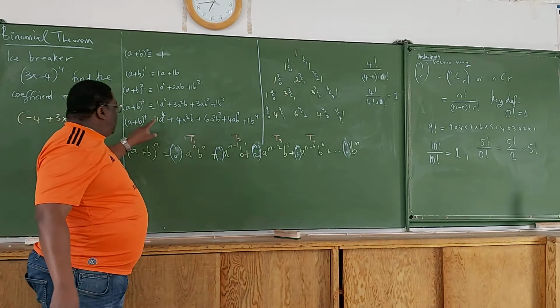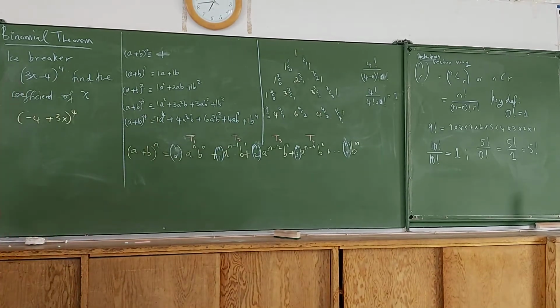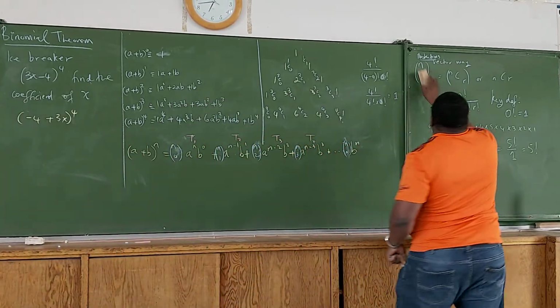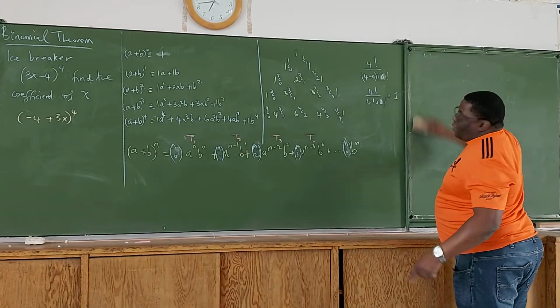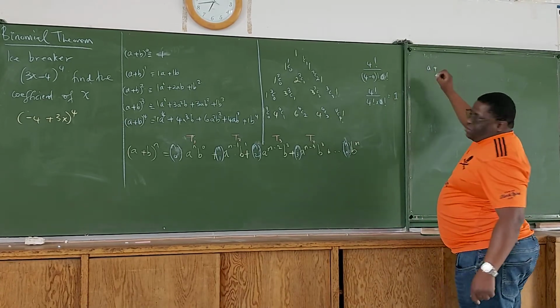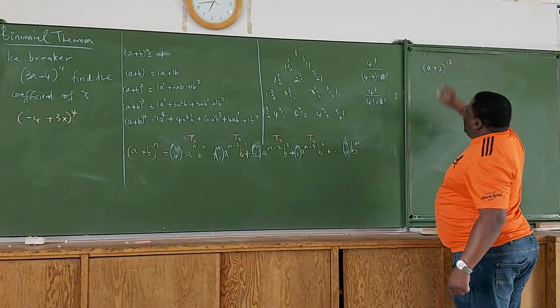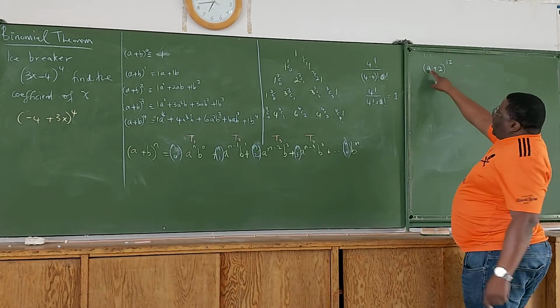So we have 1, 2, 3, 4, 5 terms. So when you are given something like a plus 2 raised to the power of 12, and they want us to find the first 4 terms, right? So remember this one goes up.